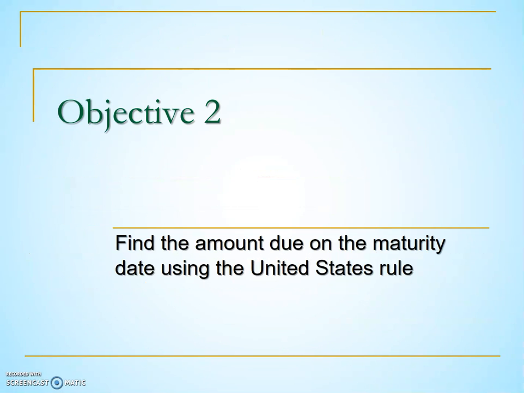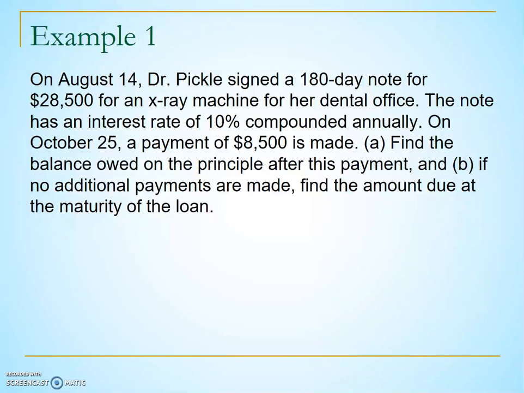Let's work through a problem to see how the United States Rule works in action. On August 14th, Dr. Pickle signs a 180-day note for $28,500 for an X-ray machine for her dental office.